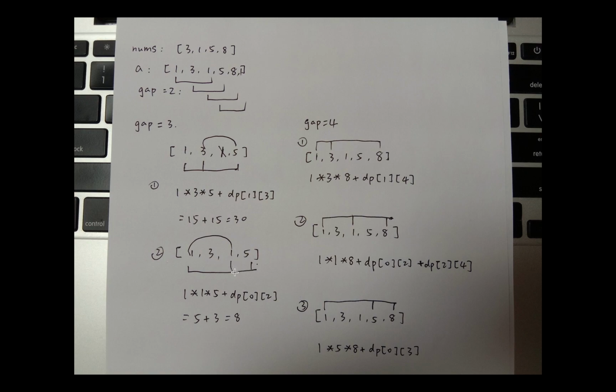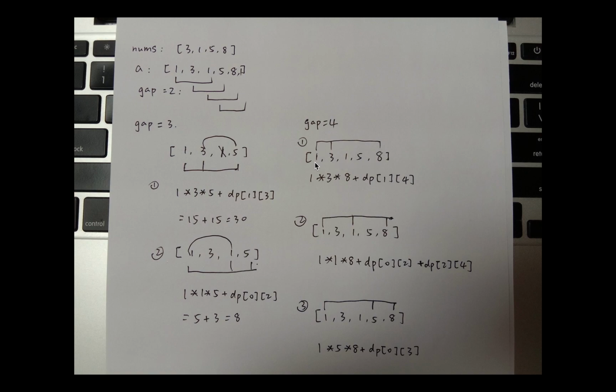The same, if we burst this one, the coins we get by bursting this one is 1 times 1 times 5, and the sub-problem is to use that value plus dp[0][2], which we already calculated before in this place. So the same, when we have 5 coins, we can choose the left as 1 and the right as 8. So we can choose the middle index 1, 2, 3.